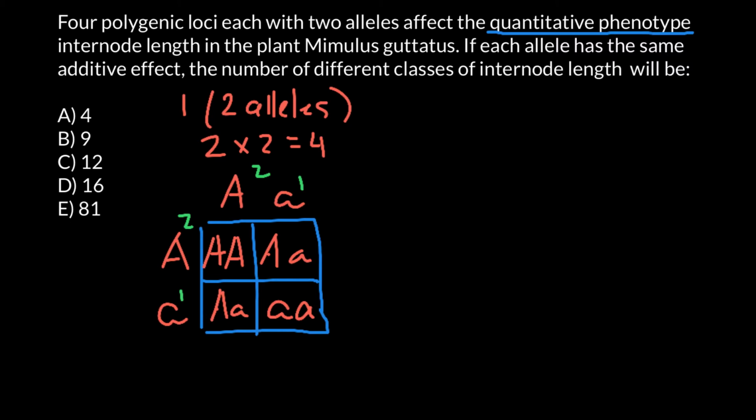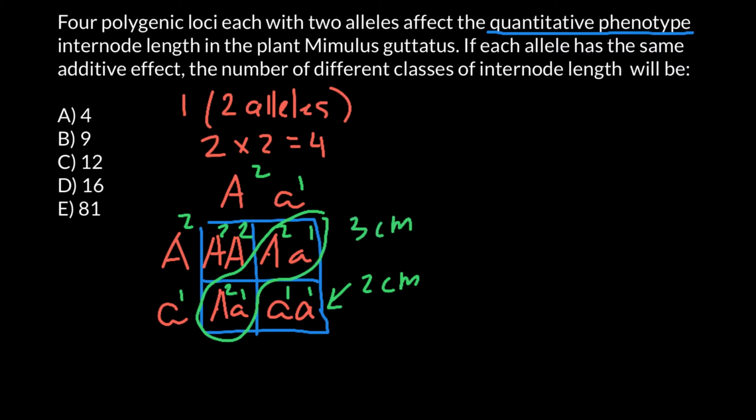For example, genotype capital A capital A would give us a phenotype that would have 4 centimeters of the internode space, the genotype that is heterozygous would give us 3 centimeters, and the genotype that is homozygous recessive would give us 2 centimeters.